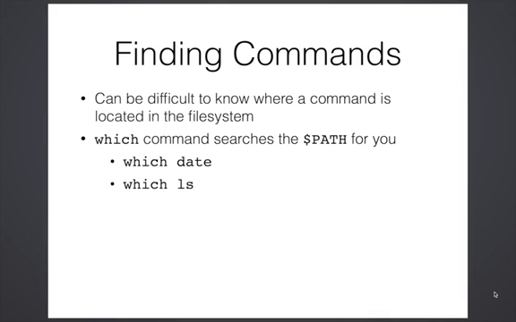It does the same as when you're trying to run a command: it searches through your path list in order until it finds the command you're looking for and returns the full path to that command. Which means that if a command lives in more than one directory, when you run the which command, it'll find the first one in the path structure that you have in your path variable and show you where that one is.